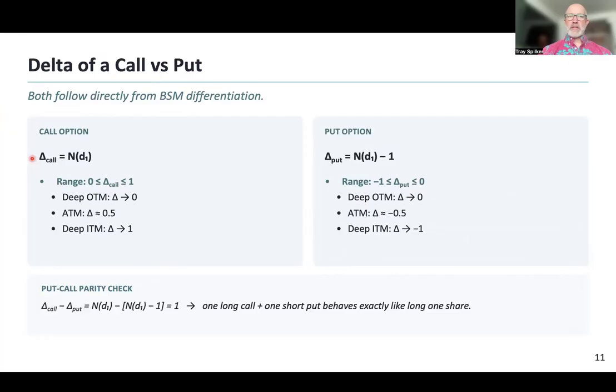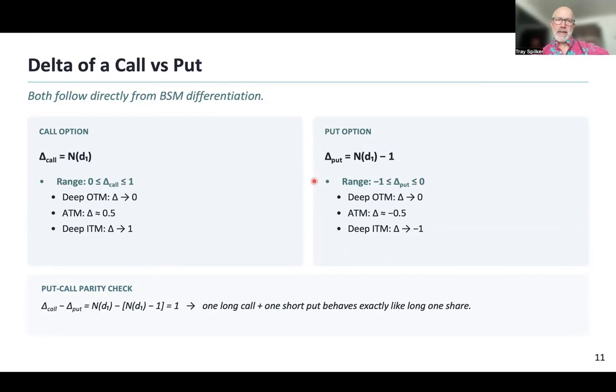Which of course is always between 0 and 1 for a call option. The corresponding delta of a put option is N of d1 minus 1, which also has that range, as I mentioned before, between -1 and 0. So notice the symmetry, right? The call delta plus the absolute value of the put delta is going to be equal to 1.